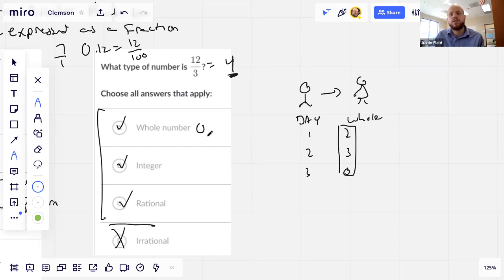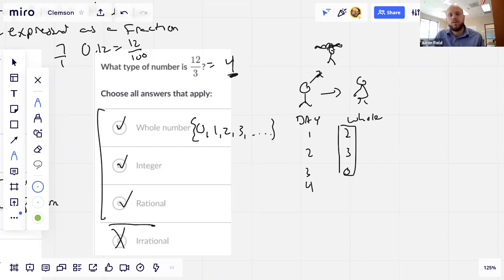Whole numbers start at 0 and they go up. No decimals or fractions though. Okay, and so integers, when did that happen? That happened on day 4. He had to borrow a rabbit from caveman Harry over here. Caveman Harry. Got a lot of hair.